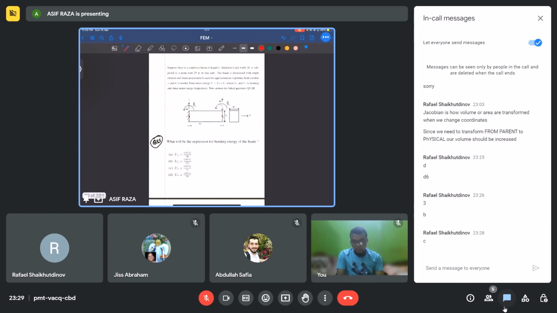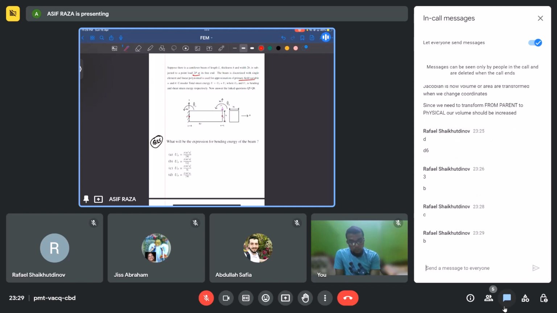Okay, this question we can actually calculate. The question is, suppose there is a cantilever beam of length L, thickness H and width 2D subjected to a point load 2P at its free end. The beam is discretized with a single element and a linear polynomial is used for approximation of the field variables W and theta.